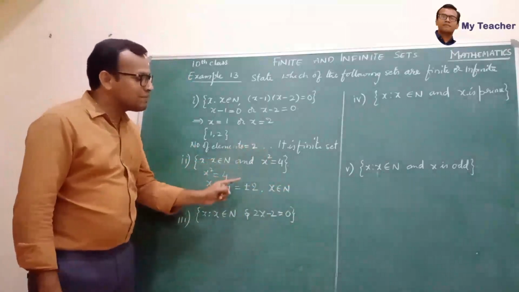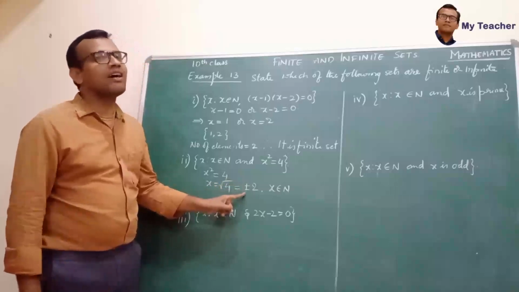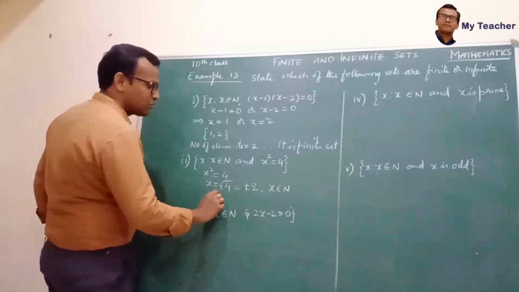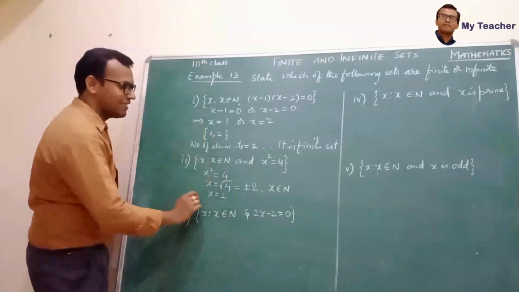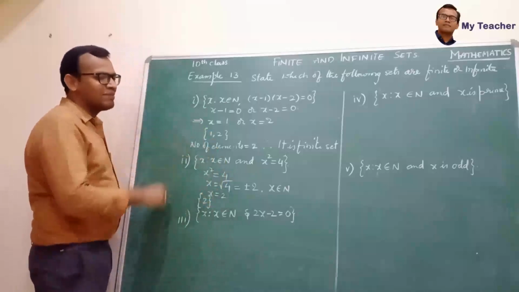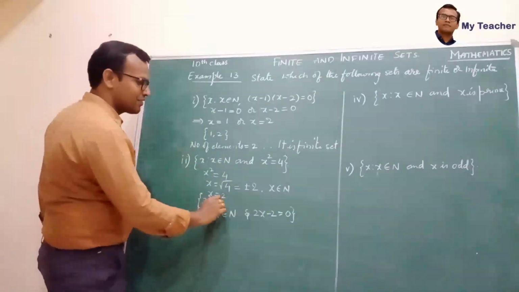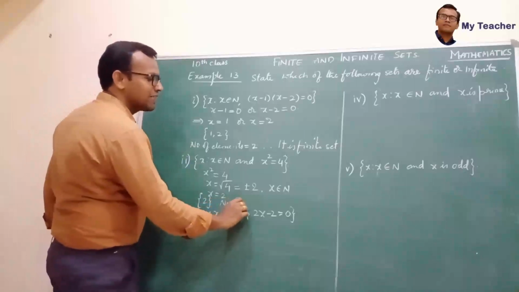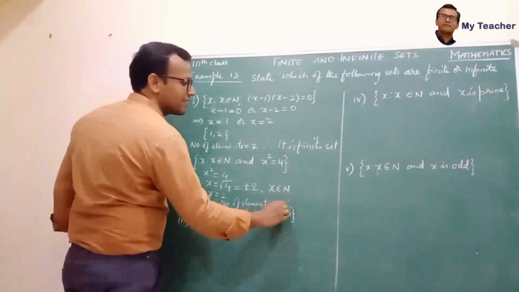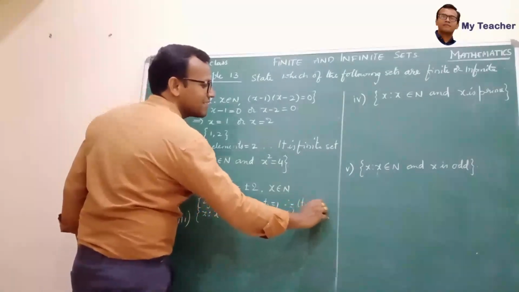A natural number must be positive only, not negative, because negative numbers are not there in natural numbers. So x is equal to 2 only, and the set is {2}. How many elements are there in this one? Just one element. So the number of elements is equal to 1. Therefore it is a finite set.